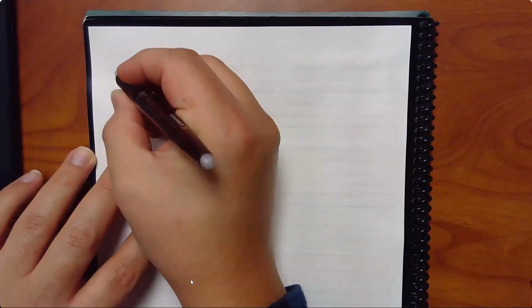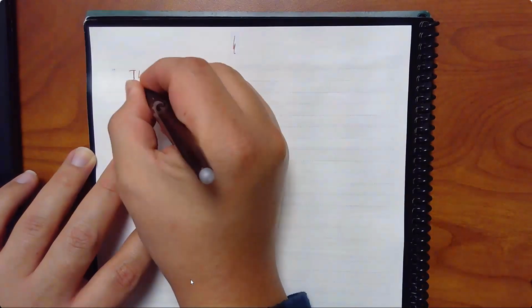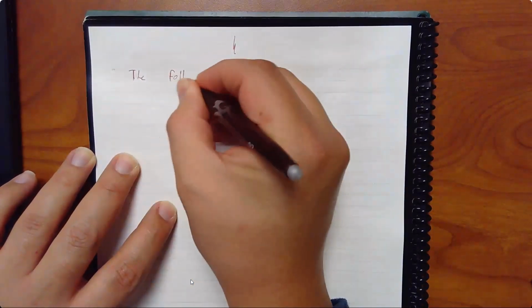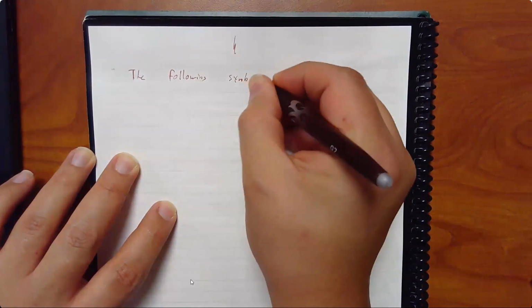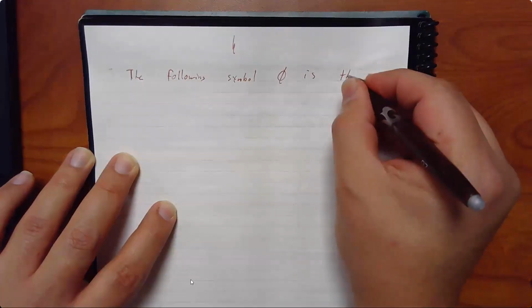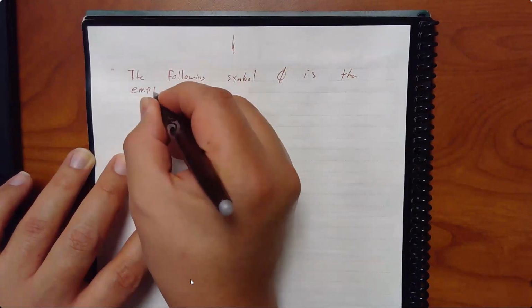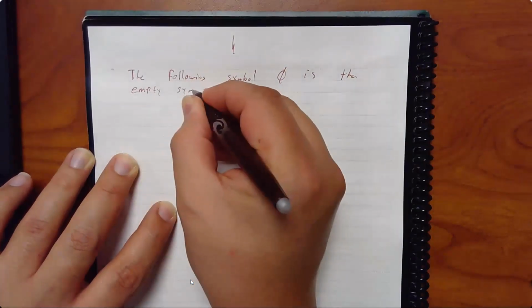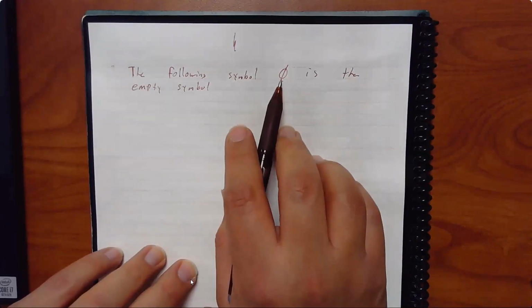The following symbol is the empty set symbol. If a set is empty or contains no elements, you would say this, okay?